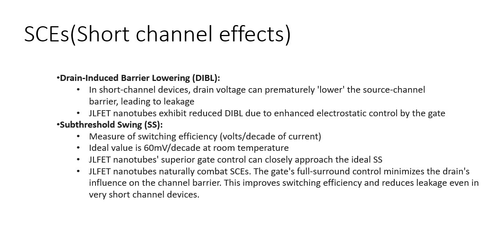With this gate control method, superior gate control has been provided, which brings the subthreshold swing and the Ion/Ioff ratio up to the mark and minimizes the influence of the drain on the channel barrier. This also reduces the leakage current, which is mainly due to lateral band-to-band tunneling.